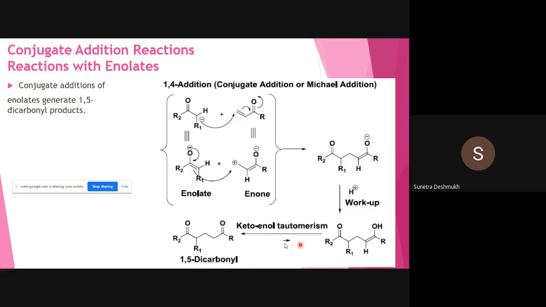So predominantly you will get the 1,5-dicarbonyl compound instead of the enol form. This is another way in which the enolate form can attack, and in the enol form you can represent your starting material.